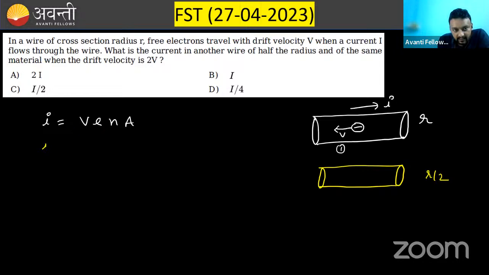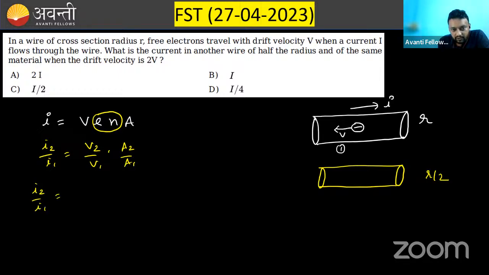Now I can say that I2 by I1 will be, out of this, E and N are constant. Why constant? Because material is same and electron has same charge universally. So that means V2 over V1 into A2 over A1. Now put the values.